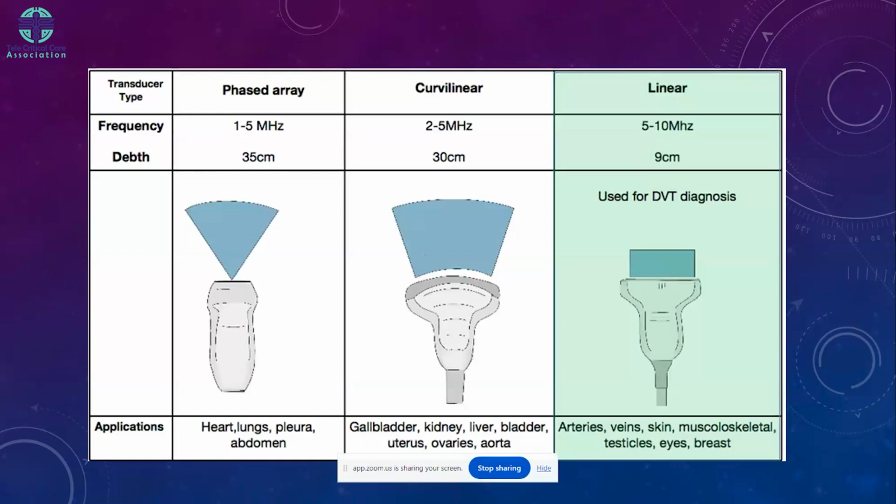So the difference between the 3 transducers is as follows. In a phased array or a cardiac probe, the frequency ranges from 1 to 5 megahertz and can detect up to a depth of 35 centimeters. In a curvilinear one, the frequency is 2 to 5 megahertz and the depth is 30 centimeters, while a linear probe will have a frequency of 5 to 10 megahertz, but the depth will be around 9 centimeters.